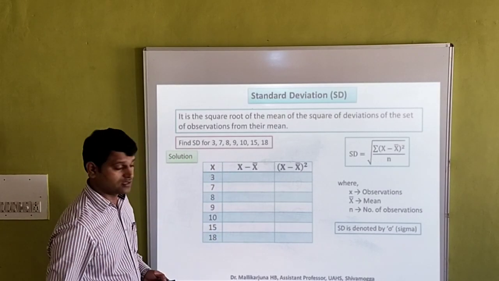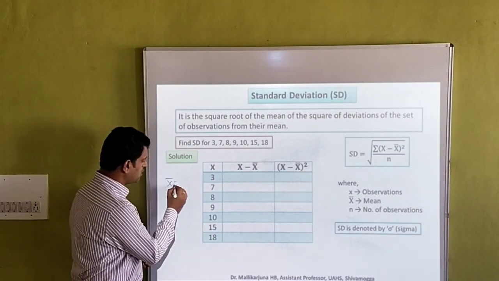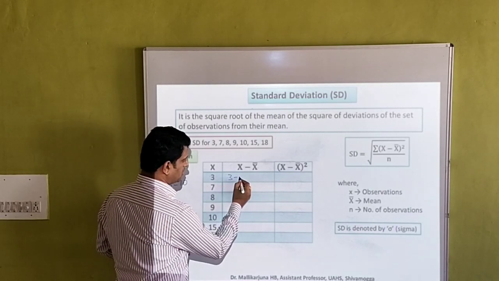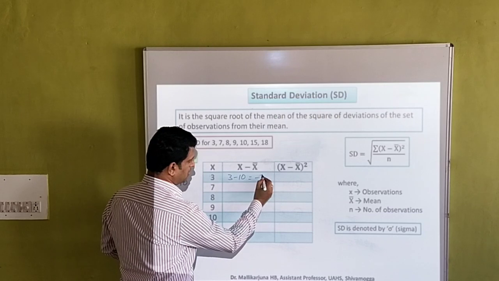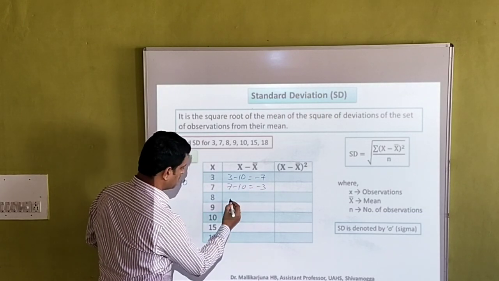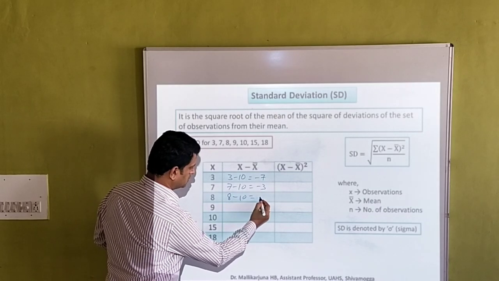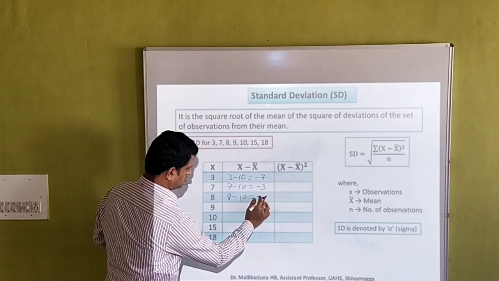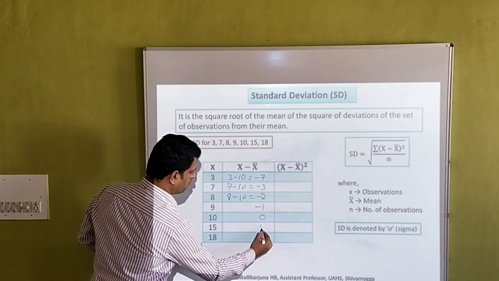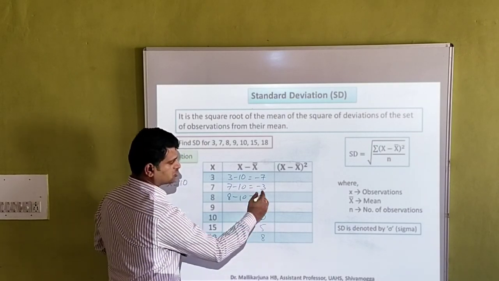In the previous slide we already calculated x bar as 10. So here 3 minus 10 is minus 7, 7 minus 10 is minus 3, 8 minus 10 is minus 2, then minus 1, 0, 5, 8. So square.